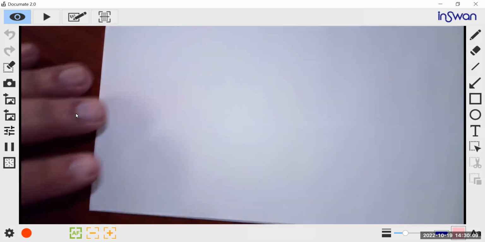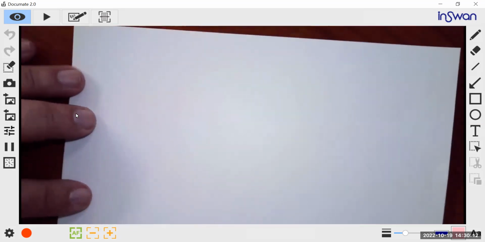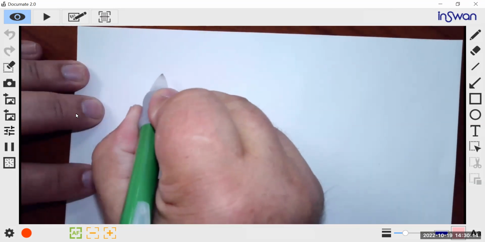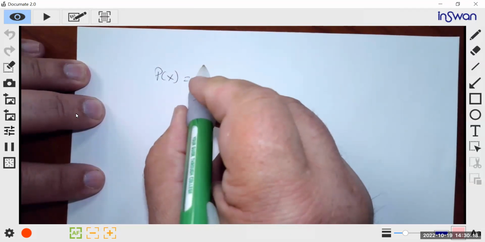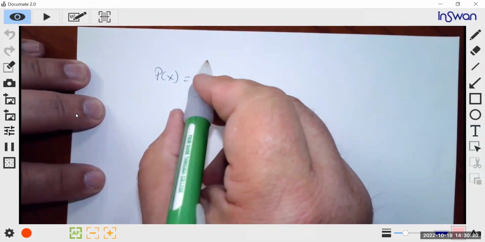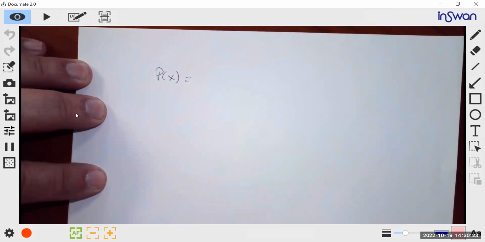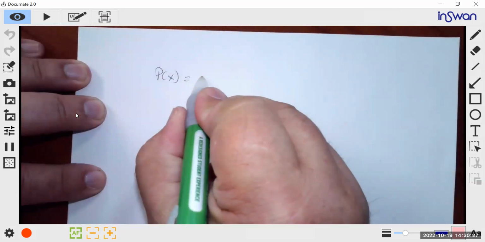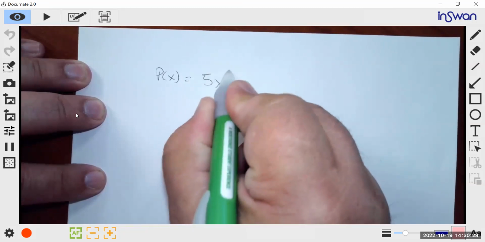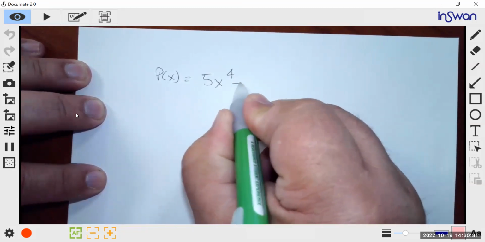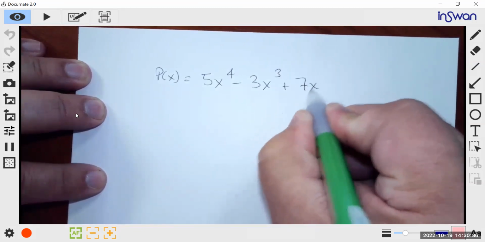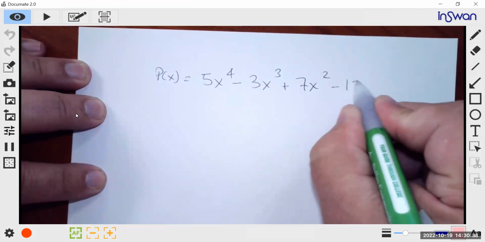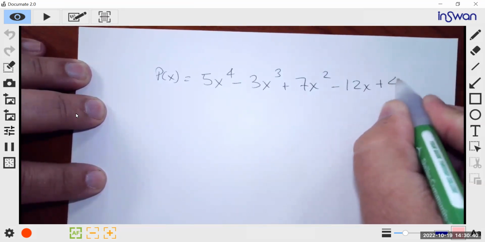Let's look at another example. This will be our last one, we'll call it a day. I want a bigger one. Oh, there it is: 5x to the 4th minus 3x cubed, minus 7x squared minus 12x plus 4.